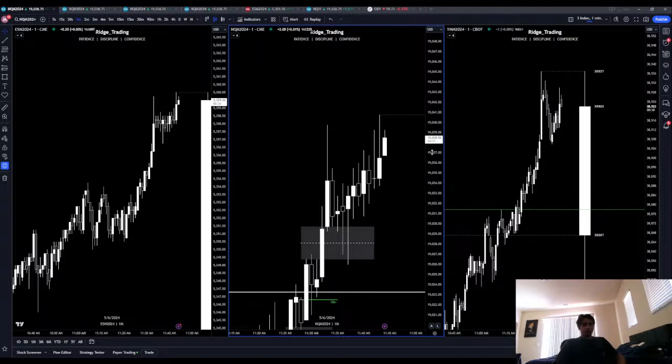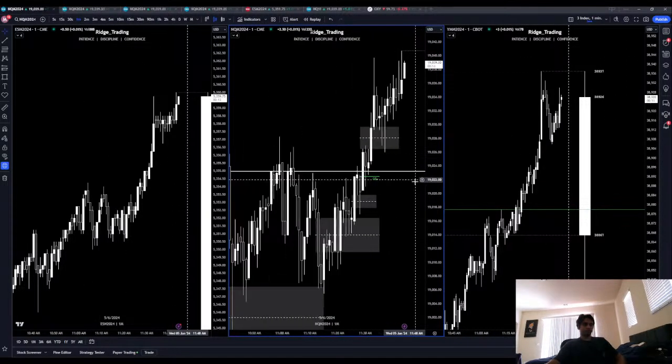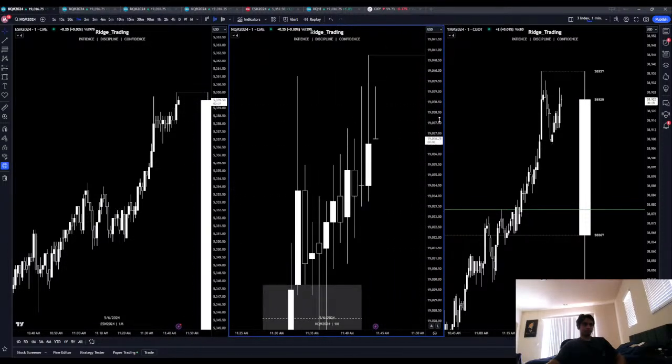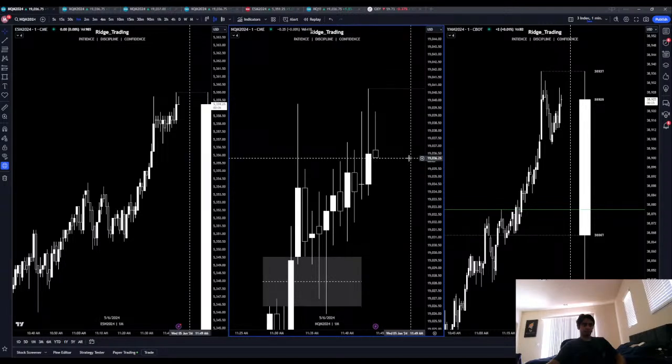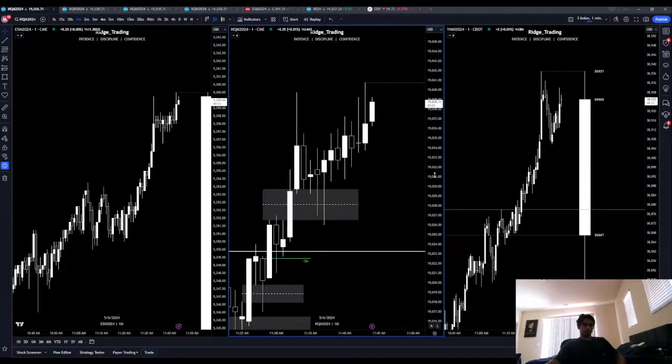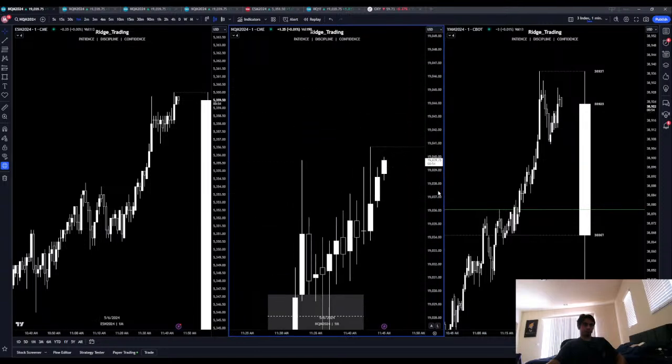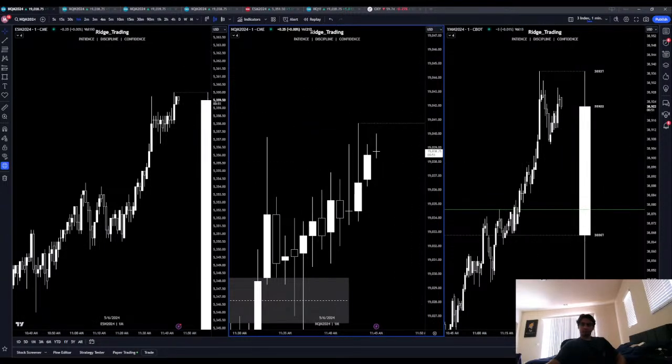At this point, we're getting close to that final macro of the day, so we'll see how these next 30 minutes go, see if we get set up. Still looks like we're going to go higher.